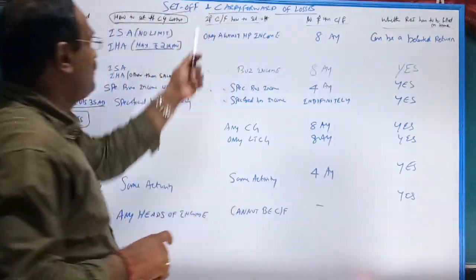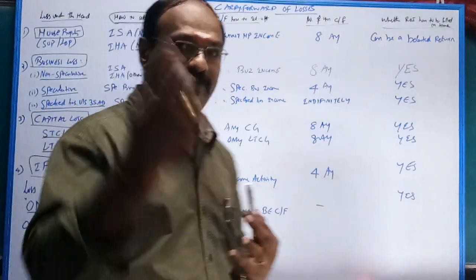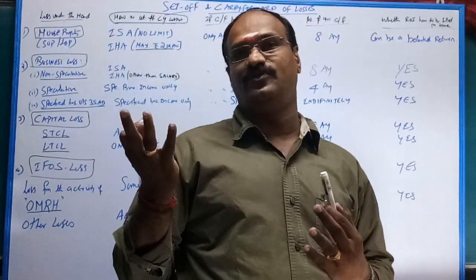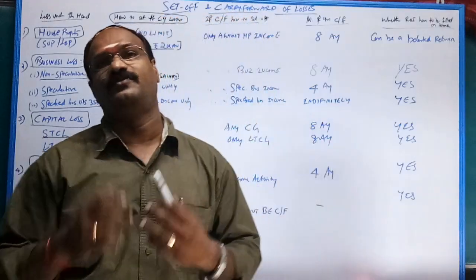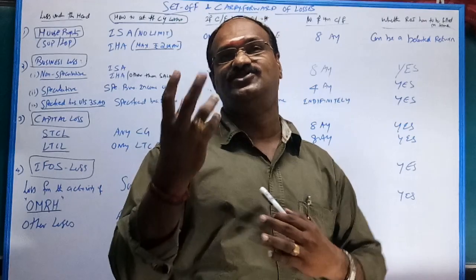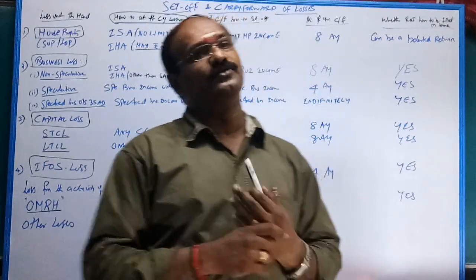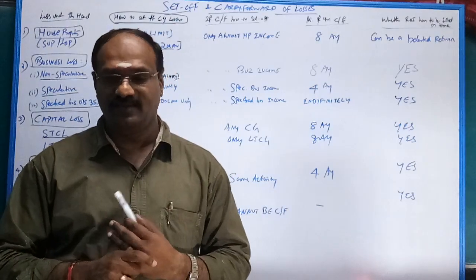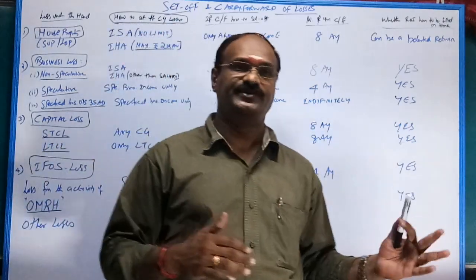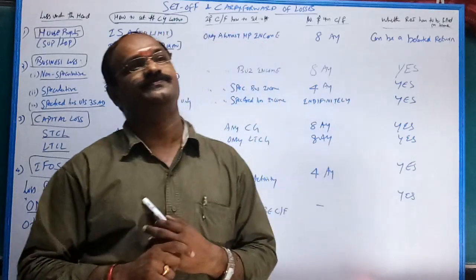Next, carry forward. Suppose you are unable to set off, say the balance is 1 lakh. So 3 lakhs you lost, 2 lakhs you set off. The balance loss of rupees 1 lakh you can carry forward, no problem at all. But see, once the loss is carried forward, you can set it off against house property income only.